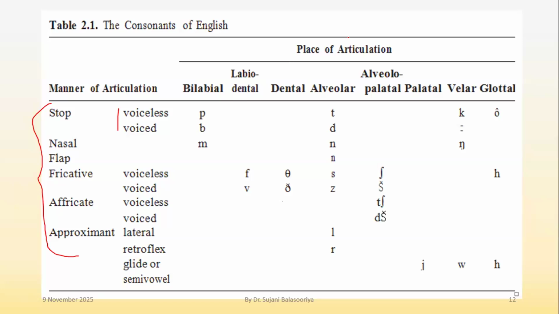At this side, under the place of articulation, you have several places listed: bilabial, labiodental, dental, alveolar, alveolar palatal, palatal, velar, and glottal. Accordingly, the relevant consonant sounds are listed in their phonetic symbols.